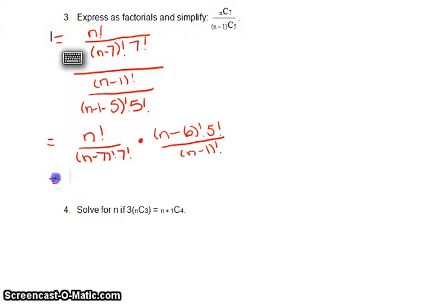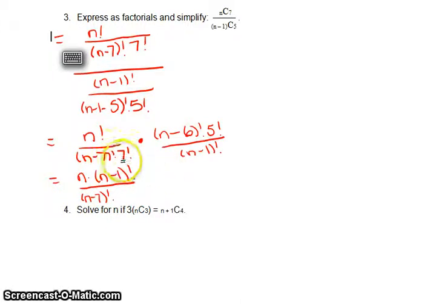So we have n times n minus 1 factorial. Remember, that's the exact same thing as n factorial. We just rewrote it to look a little bit different. That is divided by n minus 7 factorial. That one we can leave, so we'll have n minus 7 factorial.